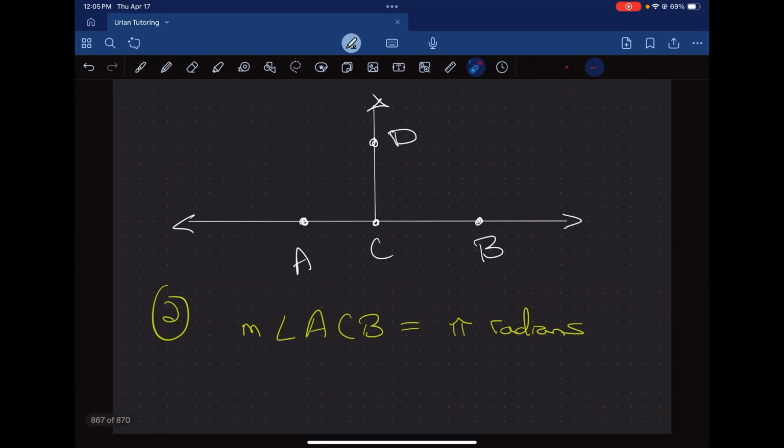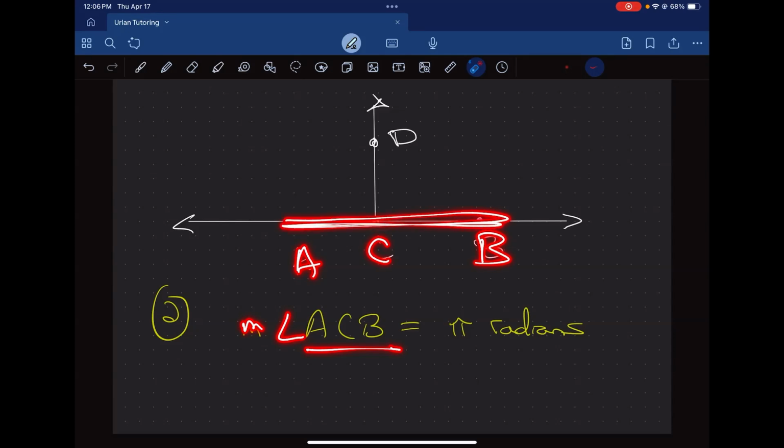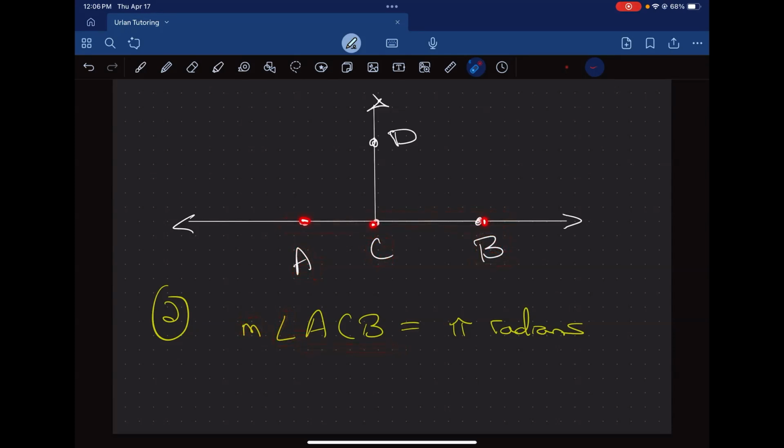Now, the next thing here, I just took the points that he wrote on the page, starting from the top, going to the bottom, and I'm going to go through them one by one. So again, the measure of the angle ACB, so A, C, and B. It's like a straight line, but we do have 3 points here.